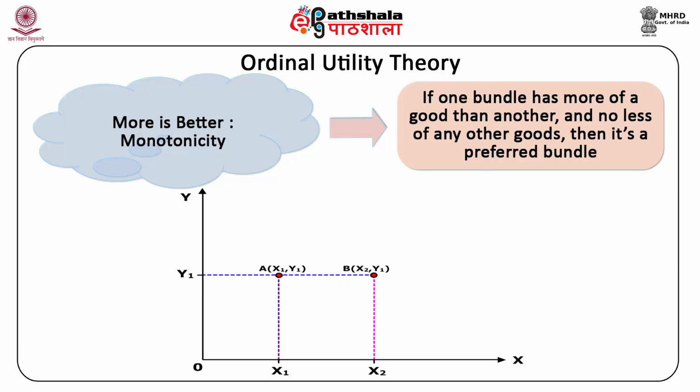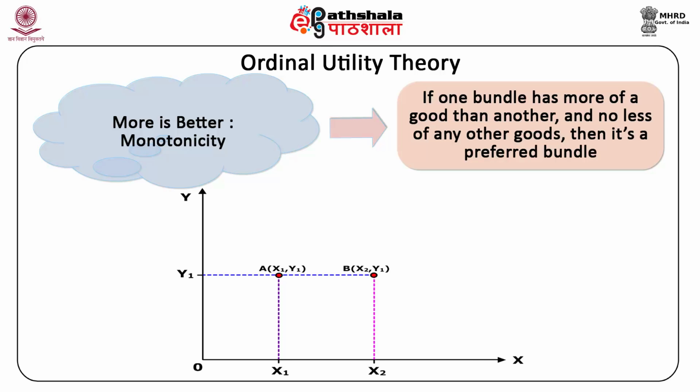For example, if a consumption bundle A consisting of X1, Y1 has the combination X1 equal to 3 and Y1 equal to 7, and another consumption bundle B of X2, Y2 has X2 equal to 10, Y2 equal to 7, then B is preferred to A.